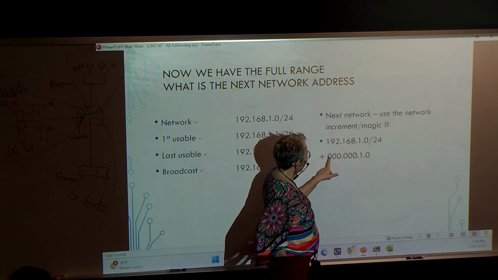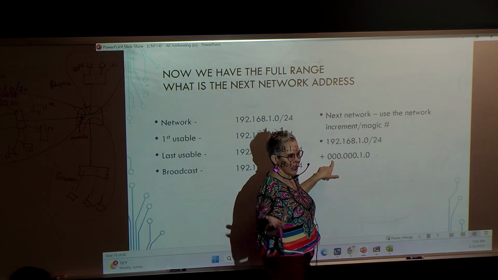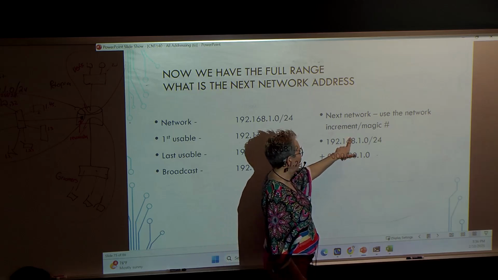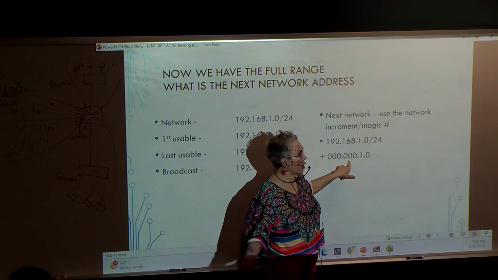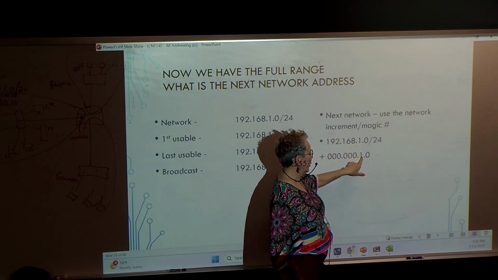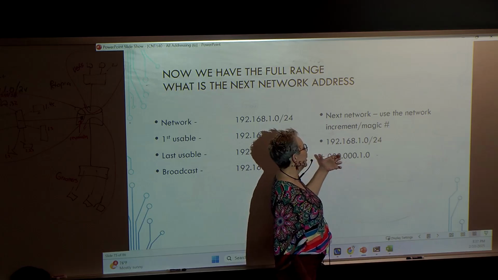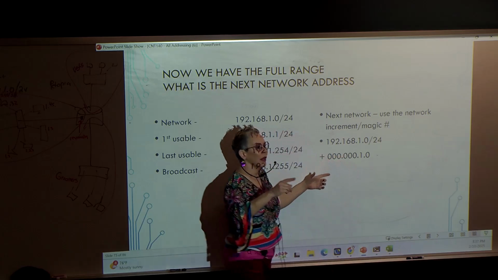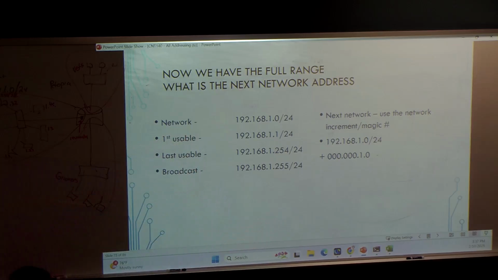Do I need to add anything to the 1st octet? Do I need to add anything to the 2nd octet? No. But my magic number was 1, so I'm going to add 1 to the 3rd octet. Was there anything in the 4th octet? No. So the next network is going to be 192.168.2. So there is my next network.